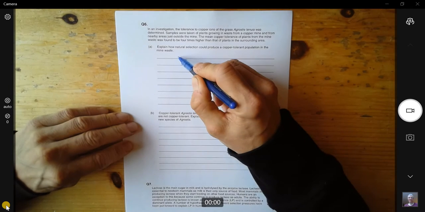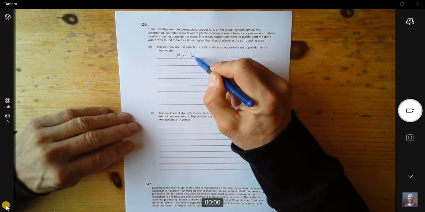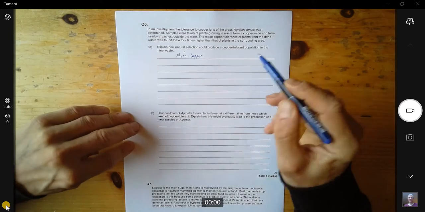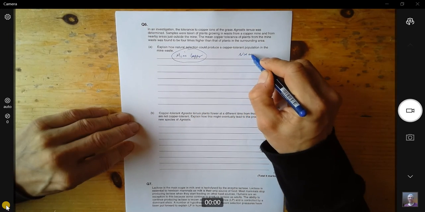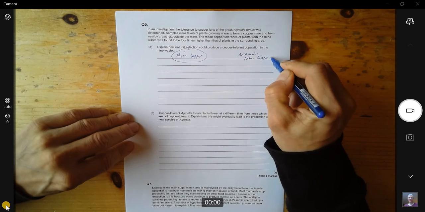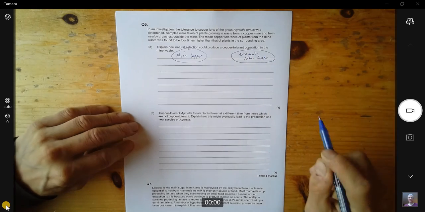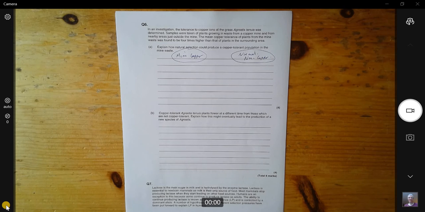So we have got the mine, which has got copper, and then we've got the normal non-copper area there. Okay, and we've got grass growing in both of these two areas.